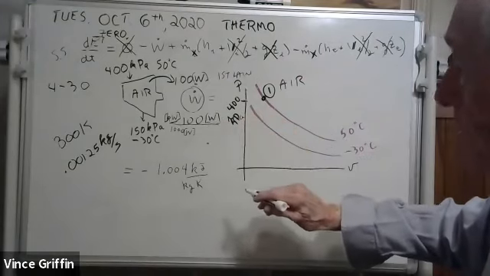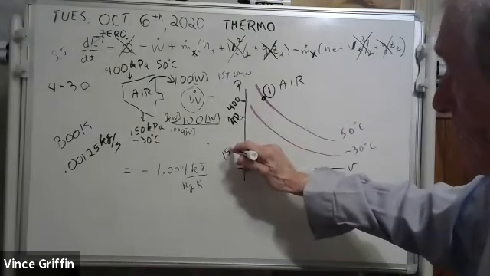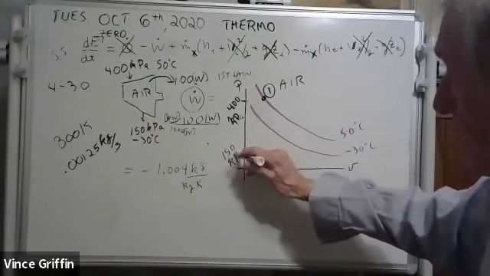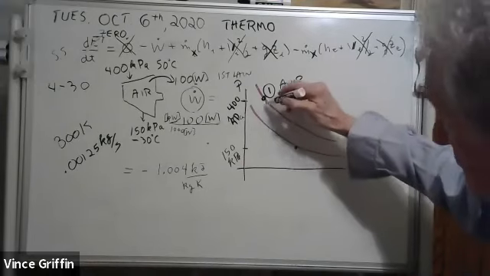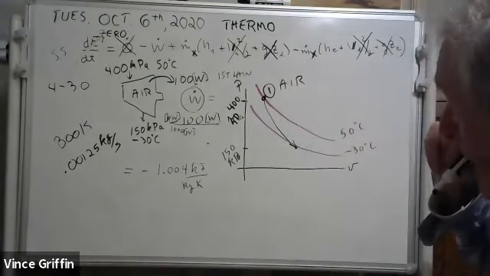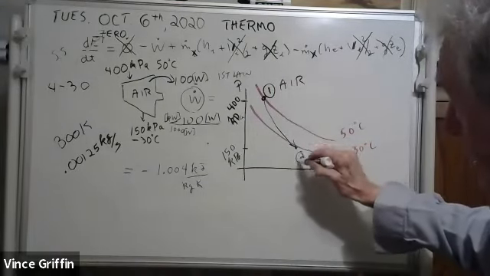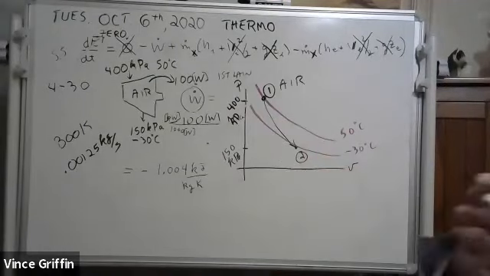to 150 kilopascals. 150 kilopascal. That puts us right there. Yeah, there you go. There's state one, there's state two. And see, I've labeled my pressures. I've labeled my temperatures.